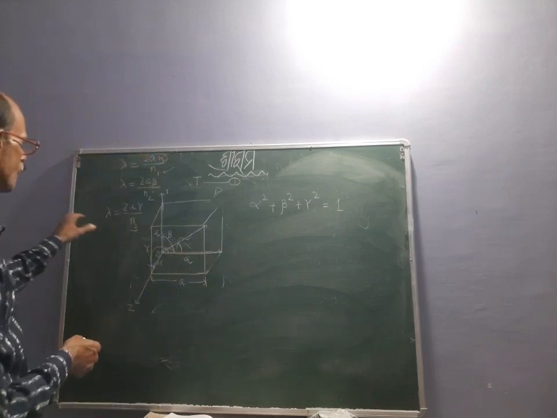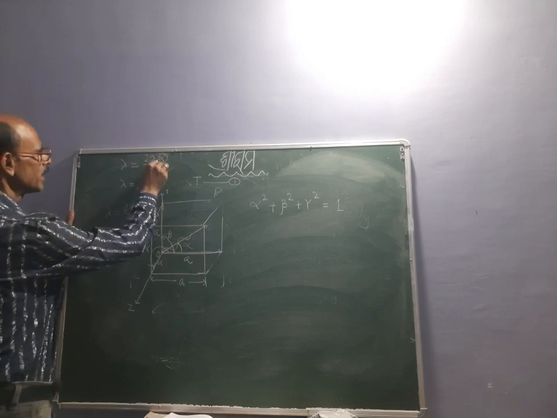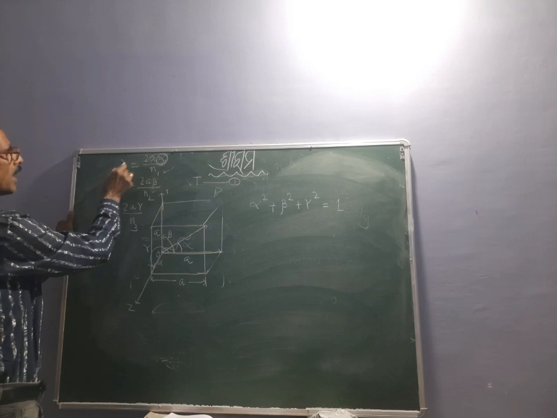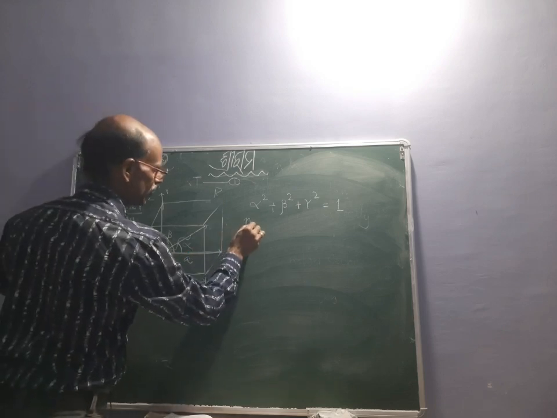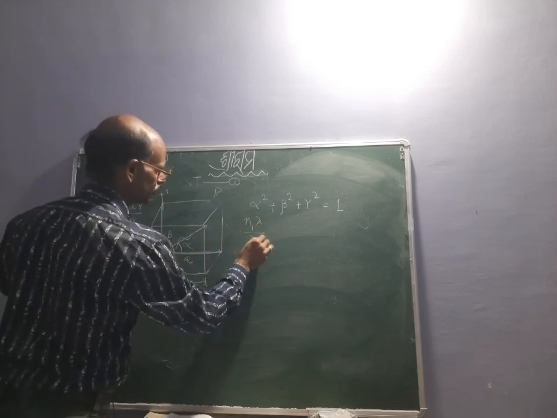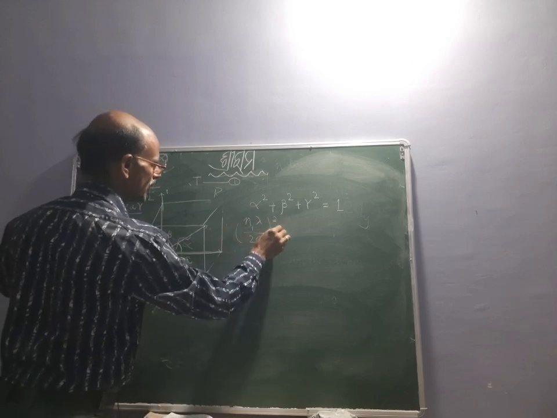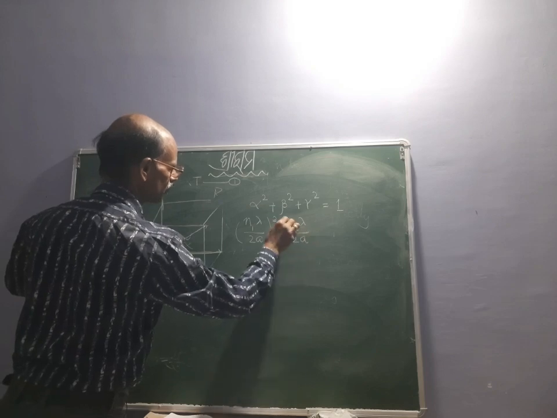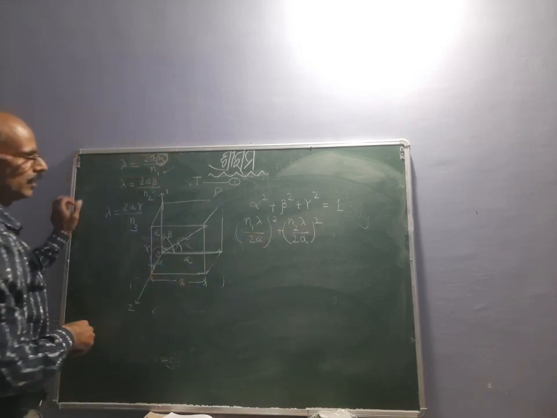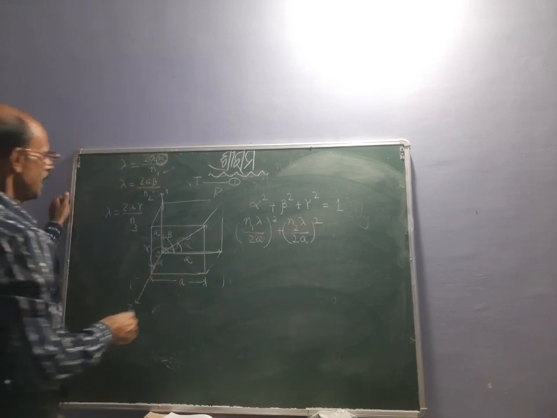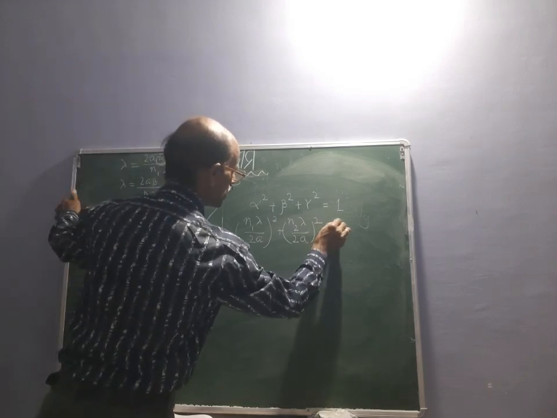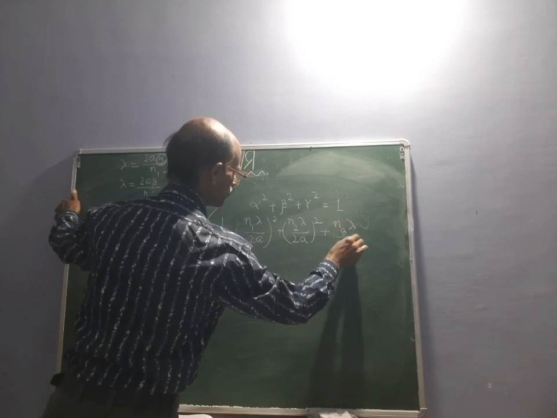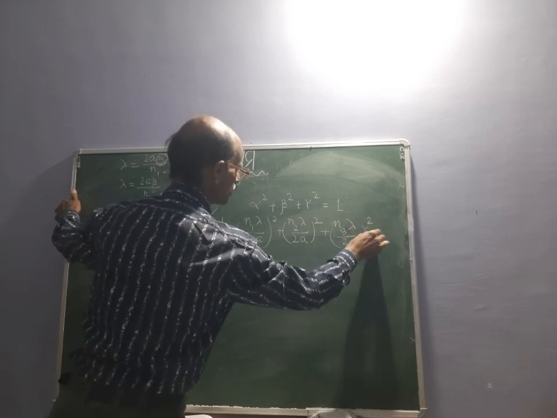Now if we isolate alpha from here, then alpha is equal to n1 lambda by 2A, and its square. Similarly beta is n2 lambda by 2A squared, and gamma is n3 lambda by 2A squared, is equal to 1.